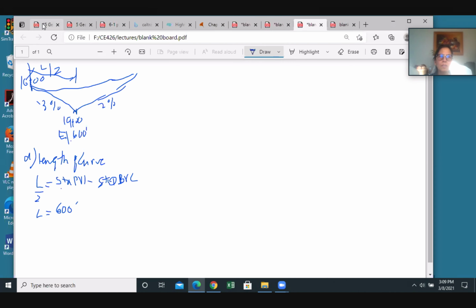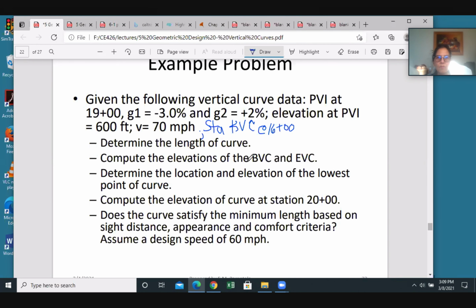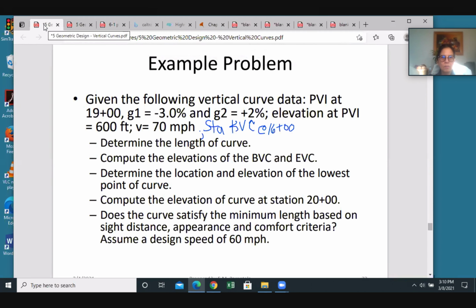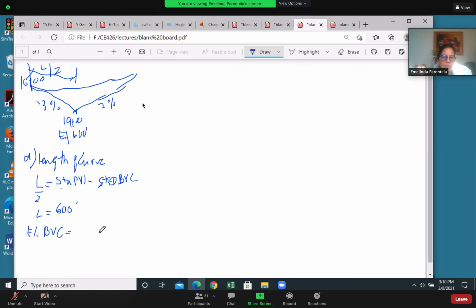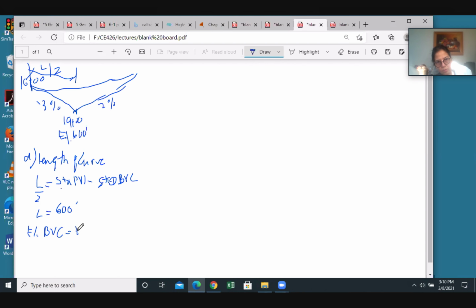Now, knowing that, the next problem is to compute the elevations of the BVC and EVC, and then the location and elevation of the lowest point. So what's the elevation of the BVC?